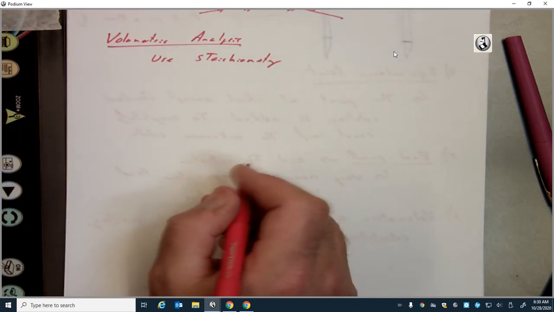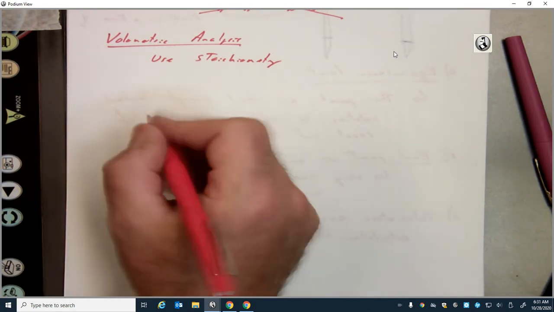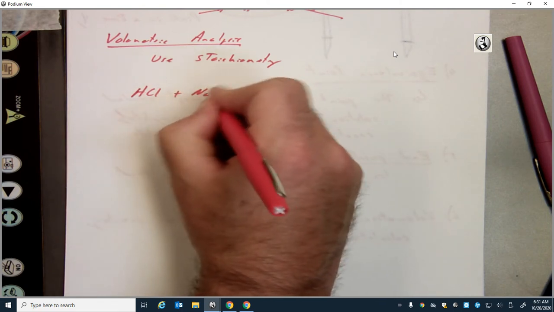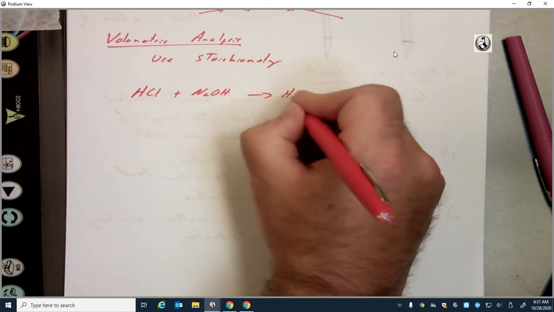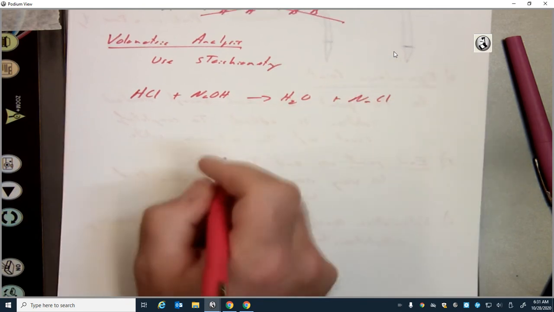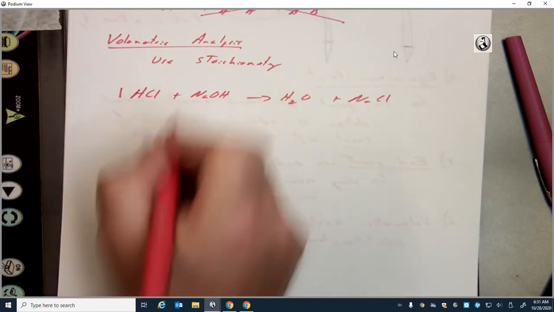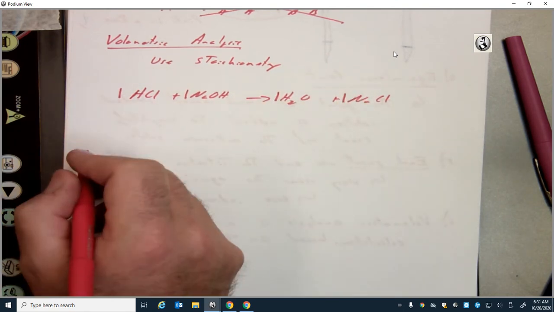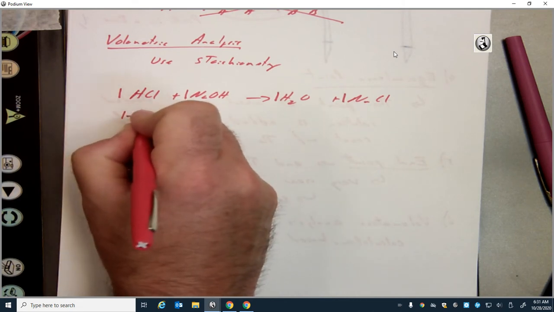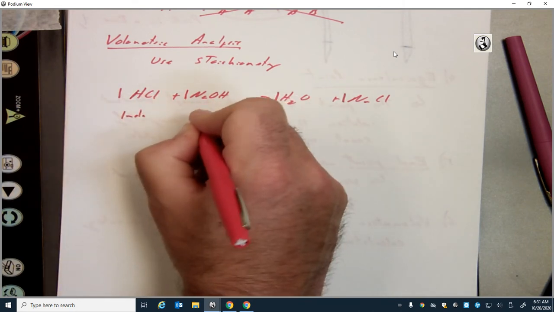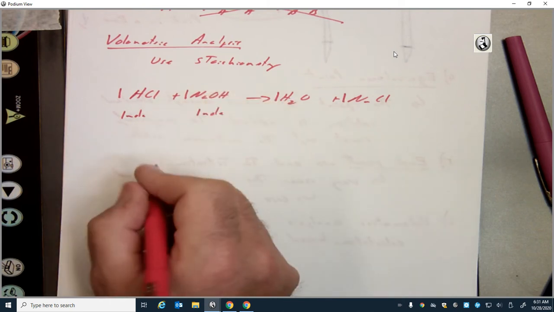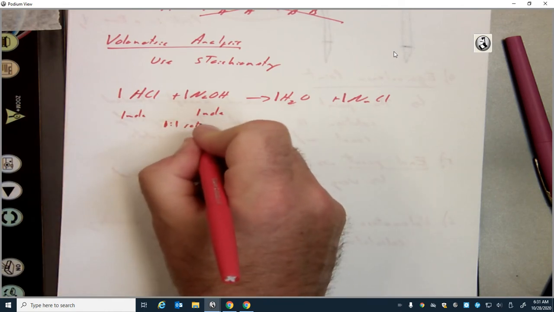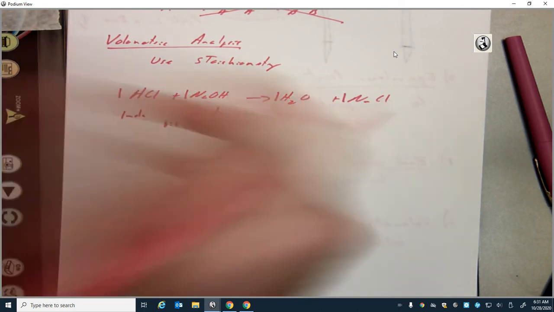Let's just look at this. We know if we have HCl and NaOH, it produces H2O and NaCl. One of these plus one of these produces one of these and one of these. So what this is telling me is 1 mole of HCl is needed to neutralize 1 mole of NaOH. We have a 1-to-1 ratio. We can use this ratio to do our volumetric analysis.